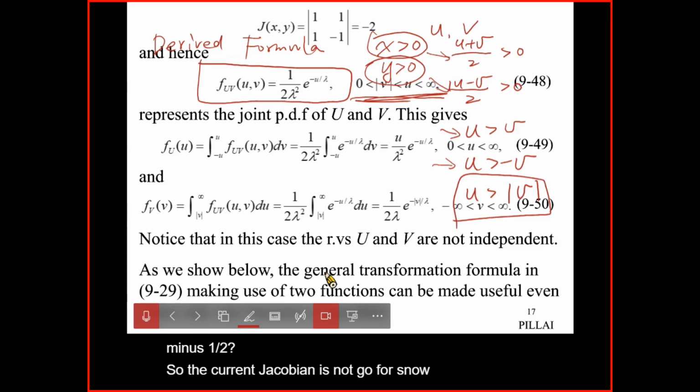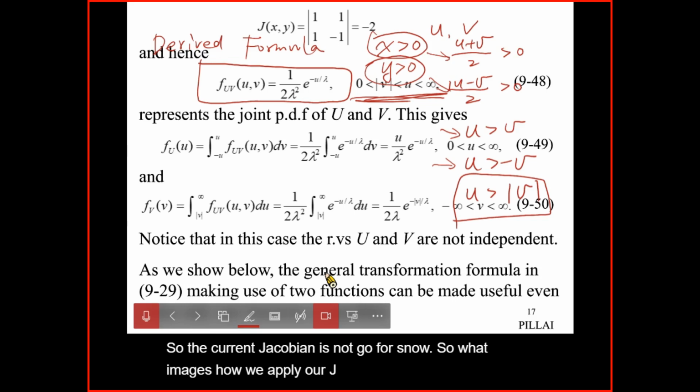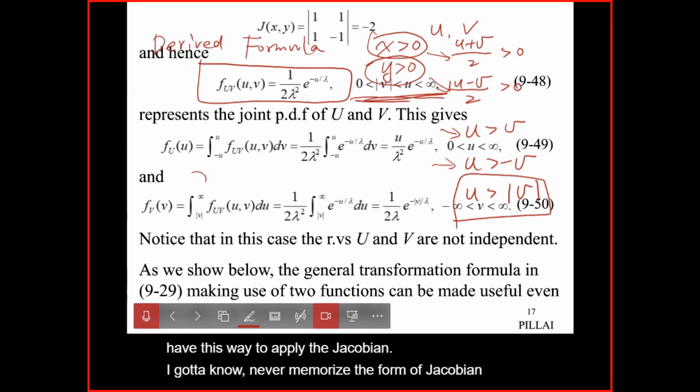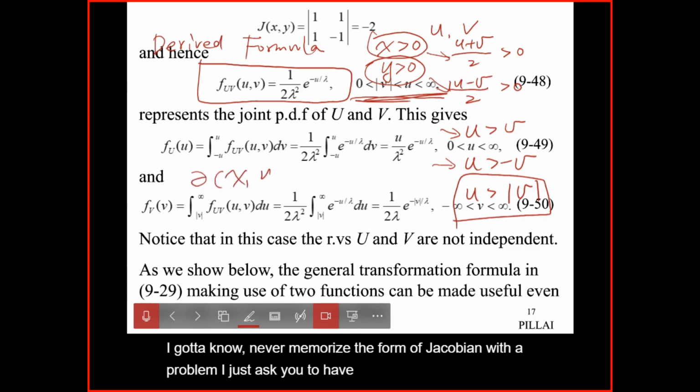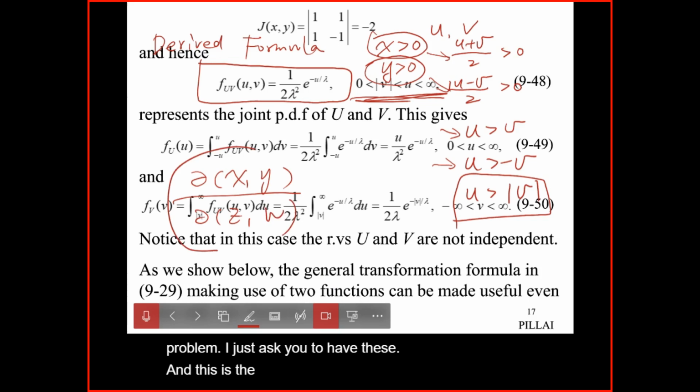So how do we apply our Jacobian? You have this way to apply the Jacobian. Never memorize the form of a Jacobian with a parameter. I just ask you to have this, and this is the so-called Jacobian.